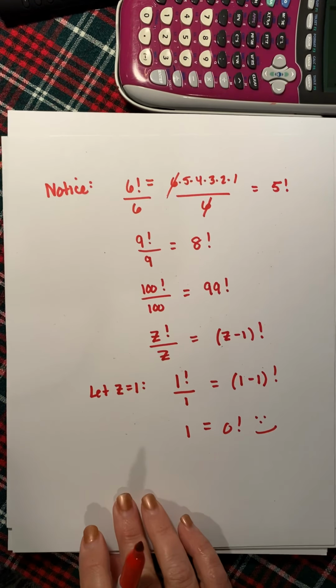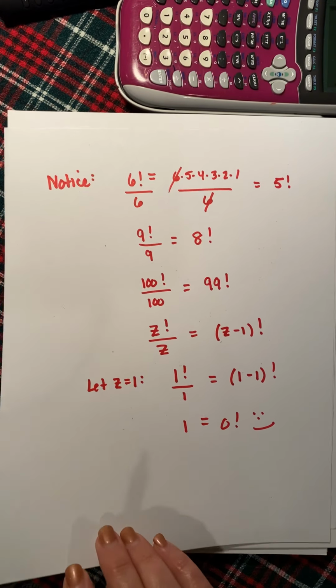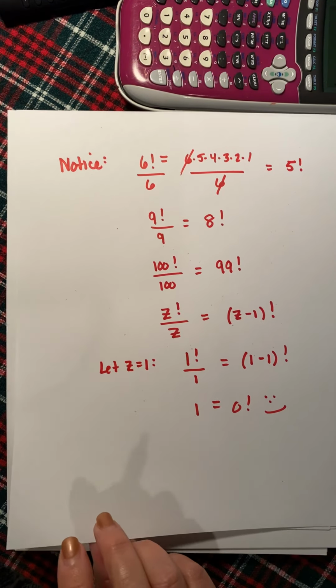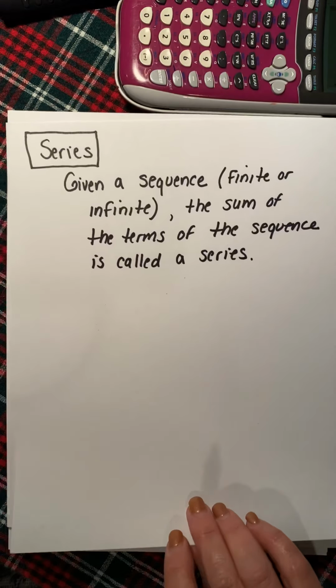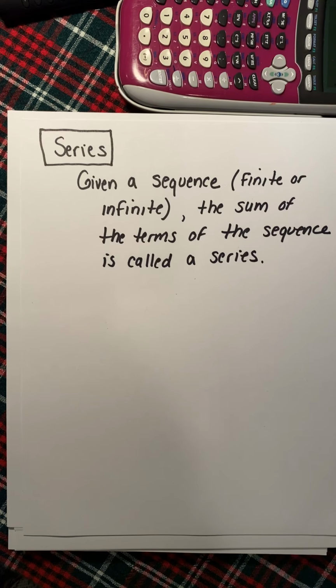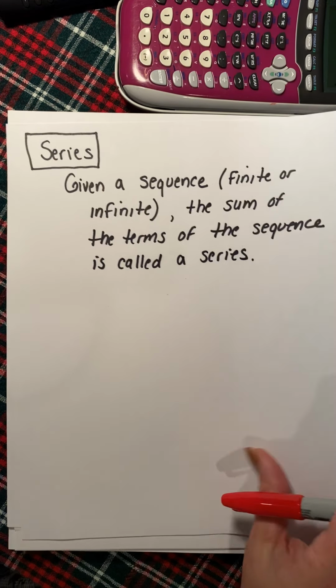All right, now that we have a brief introduction to what a sequence is, let's talk about what a series is. Given a sequence, finite or infinite, the sum of the terms of the sequence is called a series.